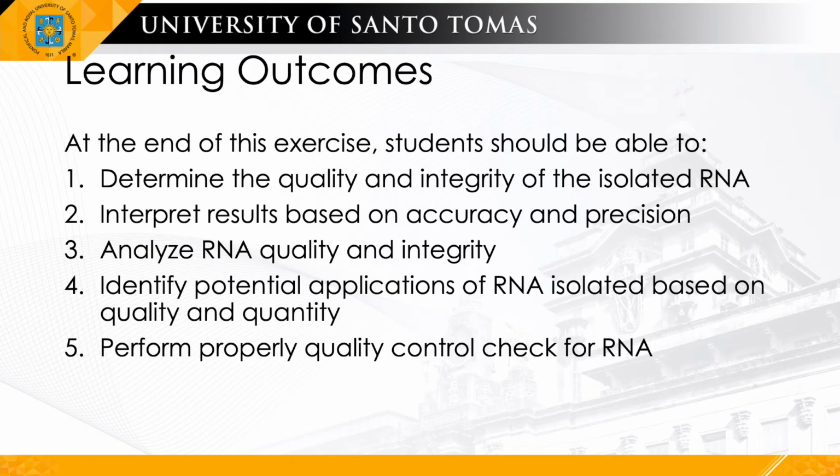We want you to interpret the results based on accuracy and precision, analyze RNA quality and integrity, identify potential applications of RNA isolated based on the quality and the quantity, and perform QC or quality control checks for RNA.